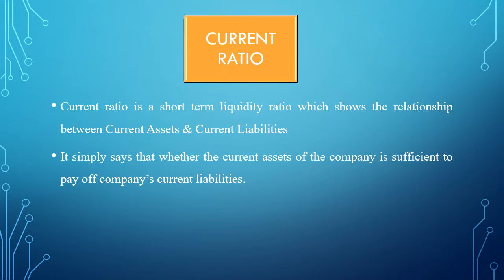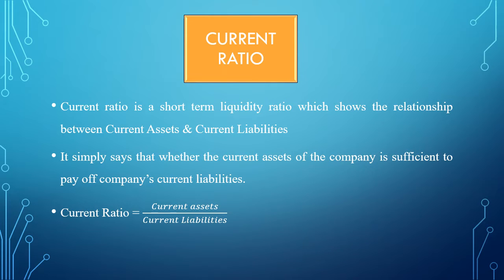Suppose the company has a current liability of rupees 50,000 and a current asset of rupees 60,000. Normally we say that yes, it is adequate, but it is not adequate up to a significant level or for the future needs of the company.